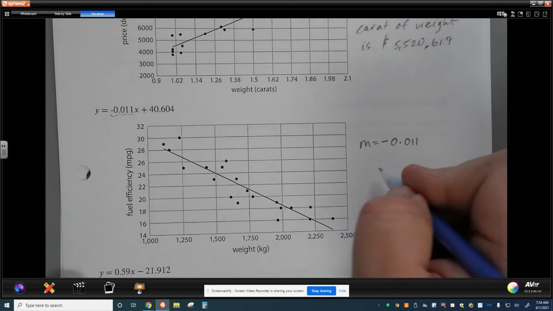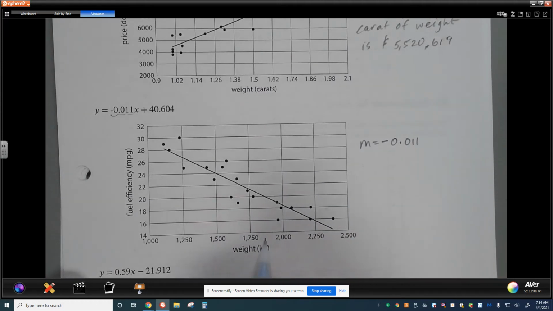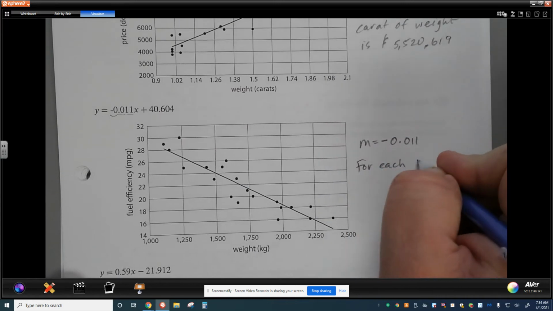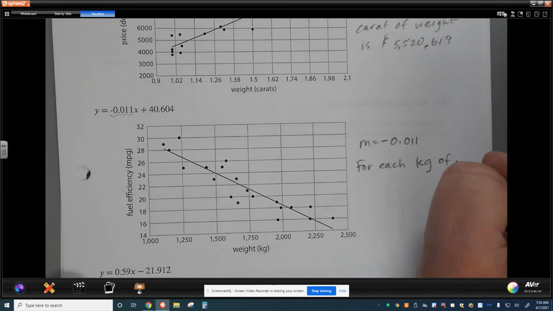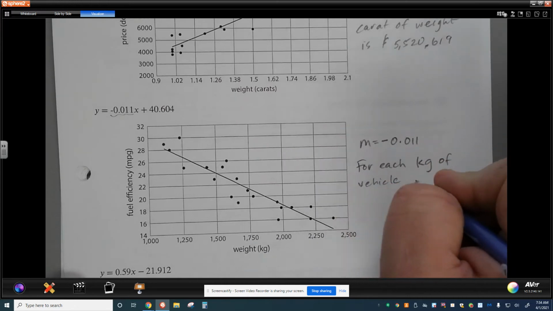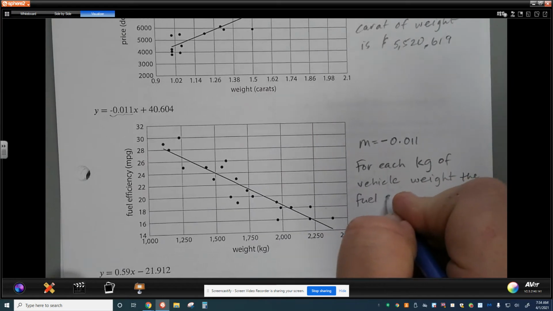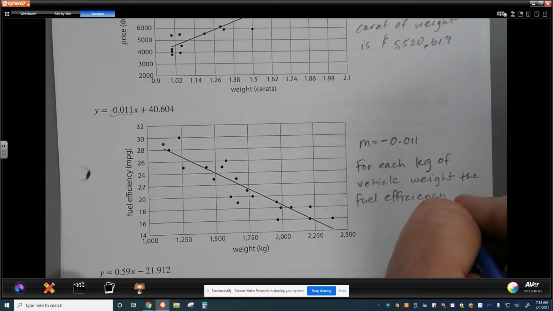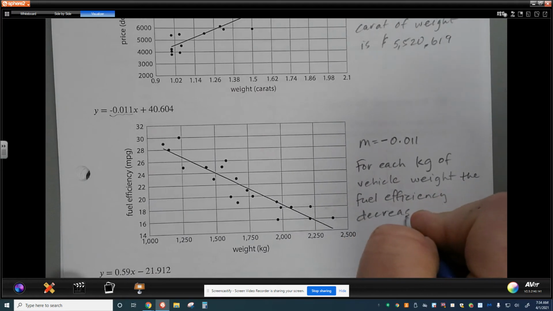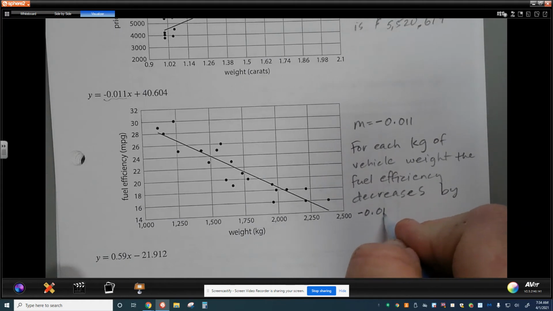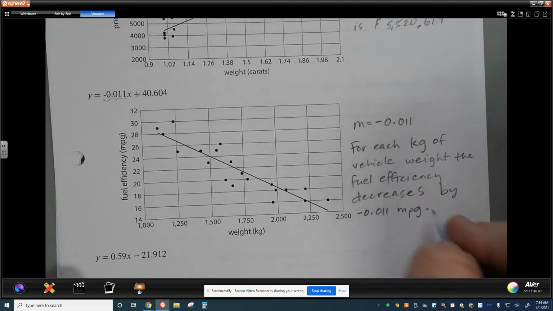What does that mean? Well, it means that as the weight increases, for each kilogram of vehicle weight, the fuel efficiency decreases by 11 thousandths miles per gallon.